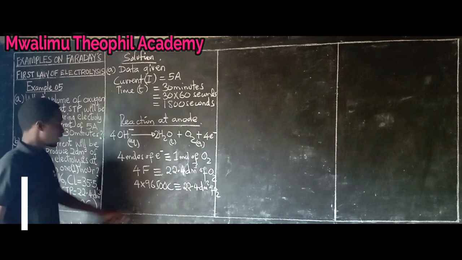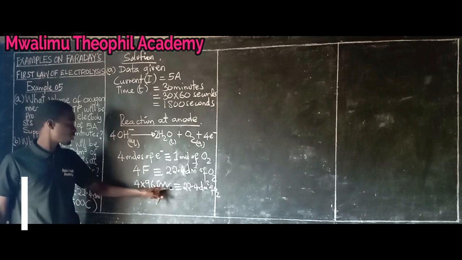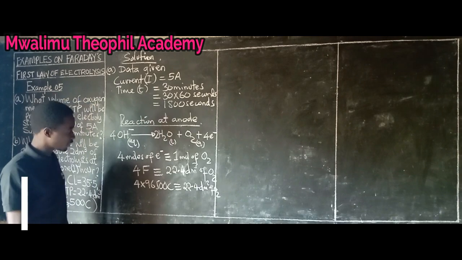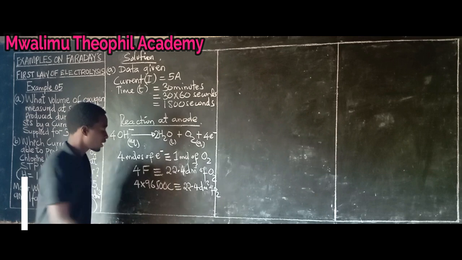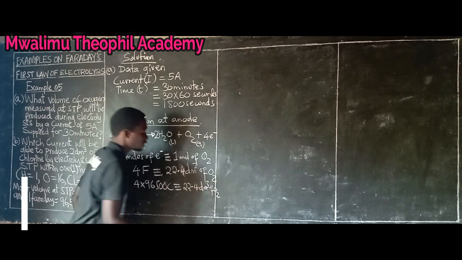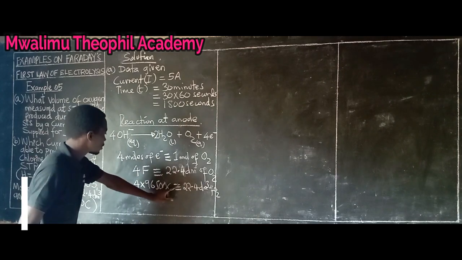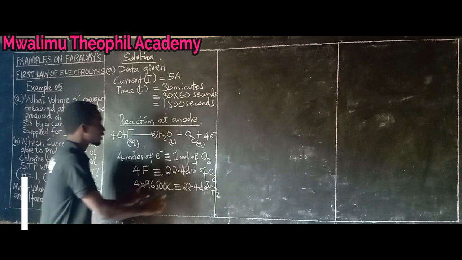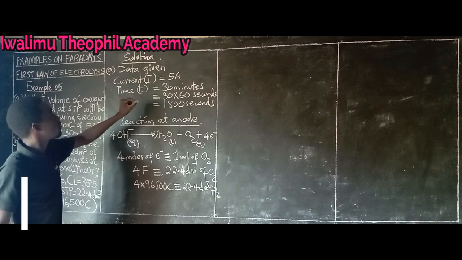I have multiplied 4 times 96,500 coulomb because 1 Faraday is equal to 96,500 coulomb. This is according to the balanced chemical equation. Now let's relate these values with the given values from the question.